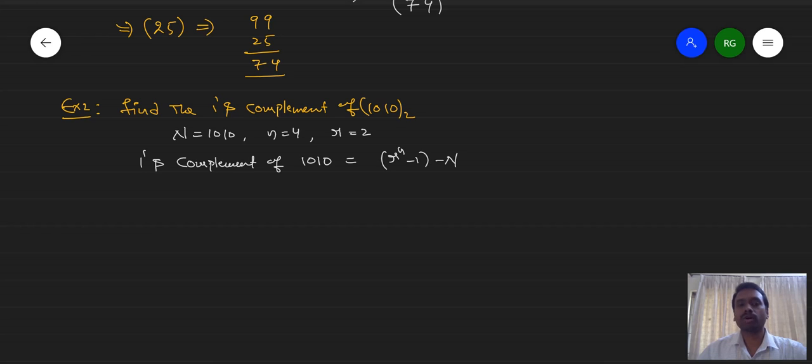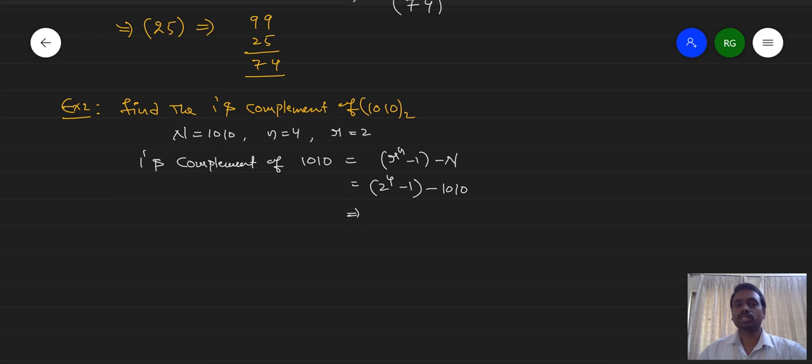If you substitute all the values, with small r equal to 2, it is 2 power 4 minus 1 minus 1010. Actually, if you calculate 2 power 4, that gives you 16, but you need to convert that 16 into binary. That is 1 followed by 4 digits.